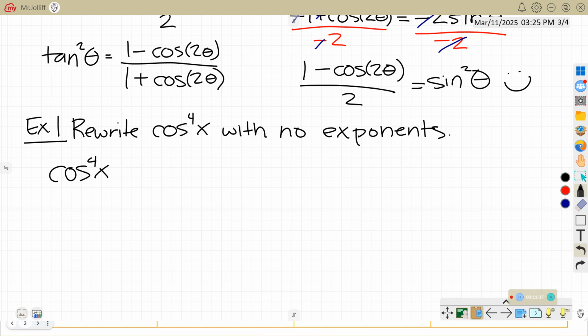And I know that cosine of 4x is cosine squared x times cosine squared x. Also known as cos squared, squared.